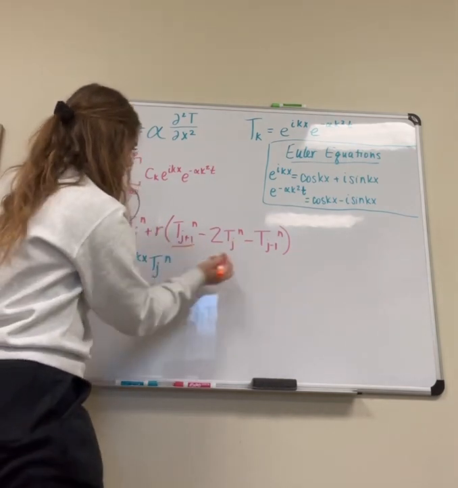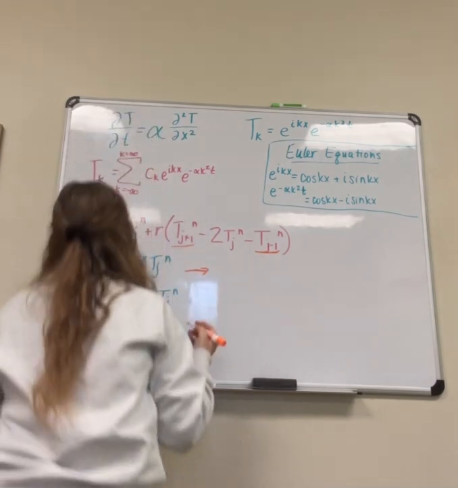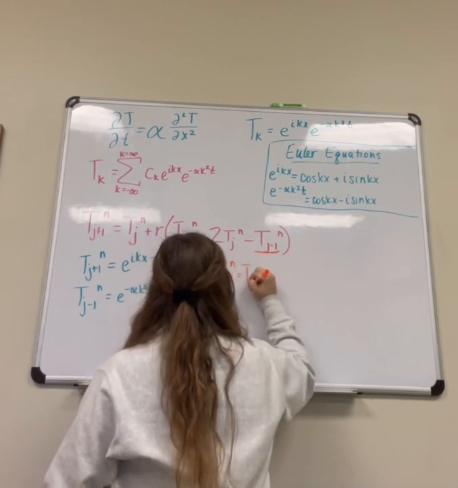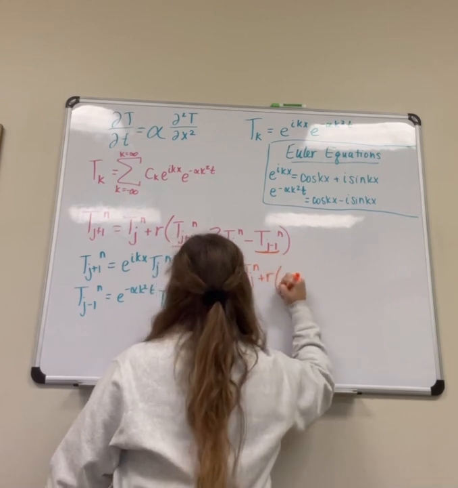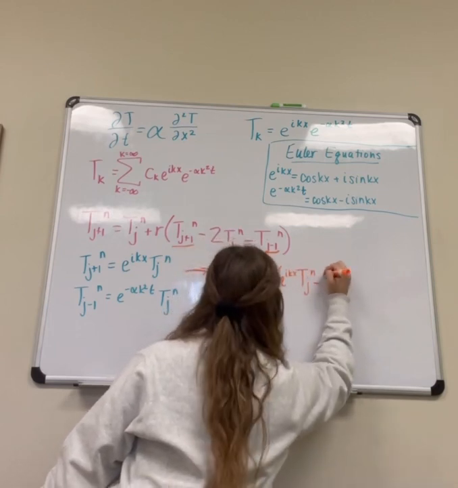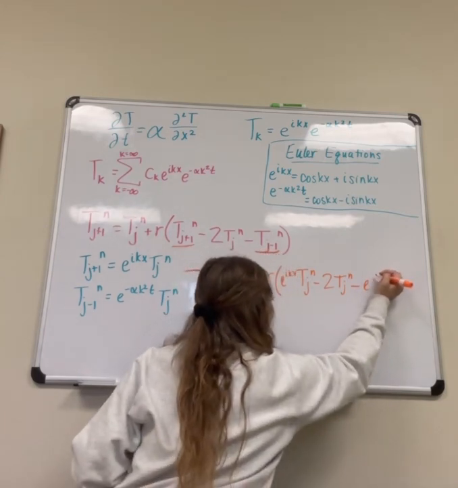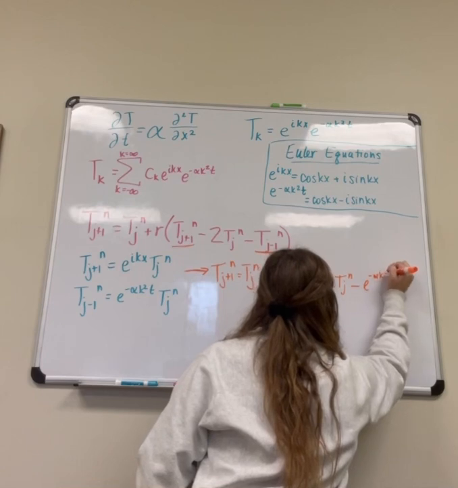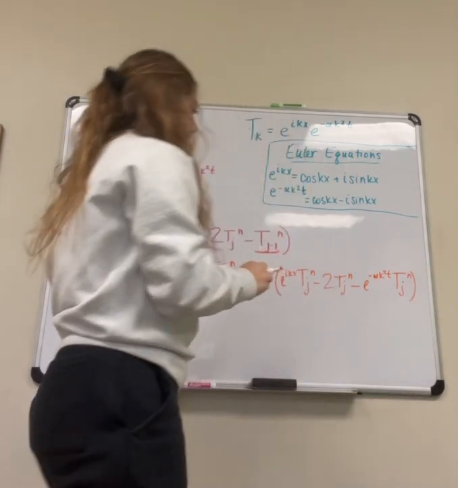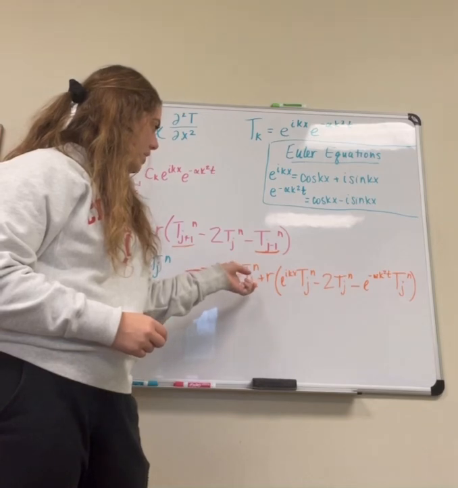Right, so we can plug that in here and here into this equation and get T. And now you see that once we plug that in, we have a Tj to the n in every term on the right side of the equation.